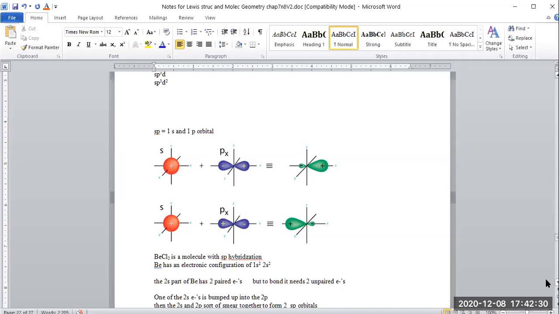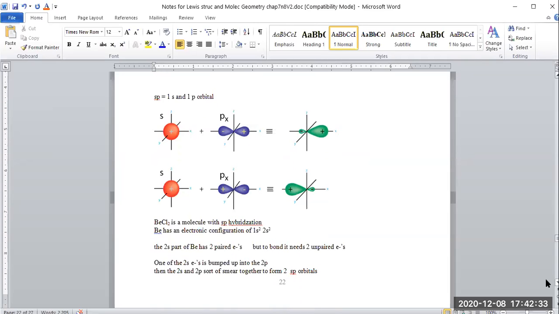If I were to overlap them, and I couldn't find a good picture that showed the overlap of the top one with the bottom one, what you get is 2 equal and opposite looking hybrid orbitals. We're going to pick on beryllium. Beryllium, being a metal, but a very small metal, tends to undergo sp hybridization. First think for a moment about beryllium by itself.